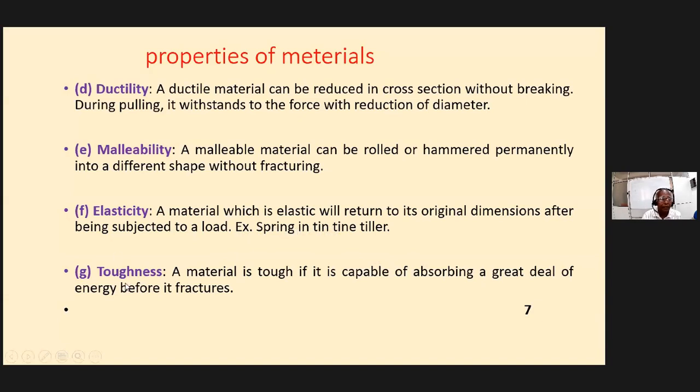Toughness. A material is tough if it is capable of absorbing a great deal of energy before it fractures. So it needs a great deal of energy before it fractures. That is toughness.